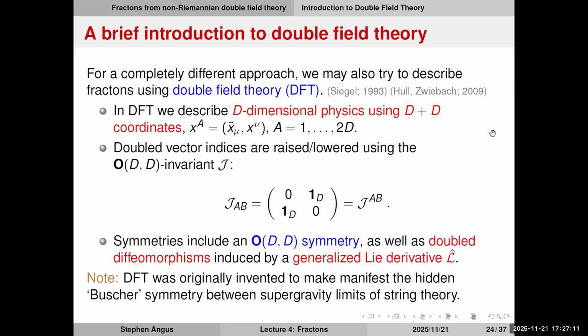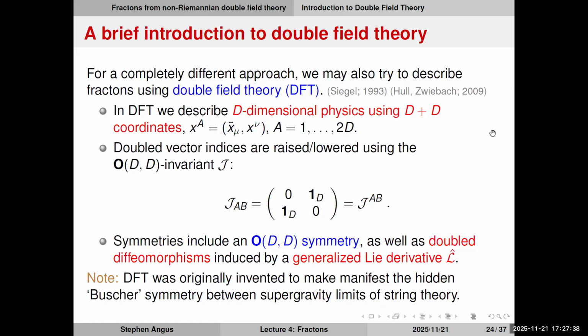So we have some capital D dimensional space-time, but we describe physics using D plus D coordinates. And then we can write the double coordinates as capital X^A, which includes some ordinary x^mu coordinates and some x tilde directions. And these double indices A are raised and lowered using an O(D,D) invariant metric like this.